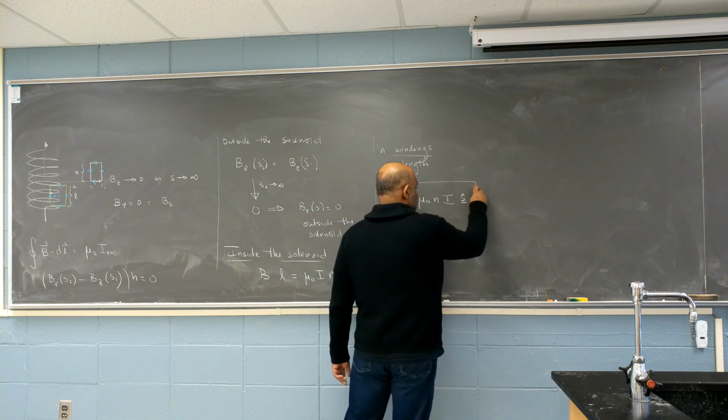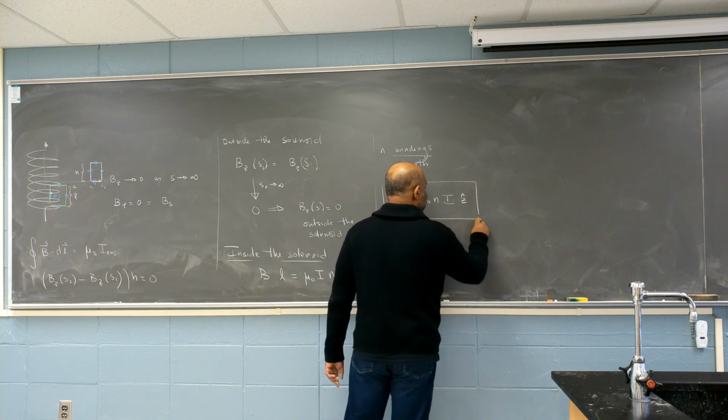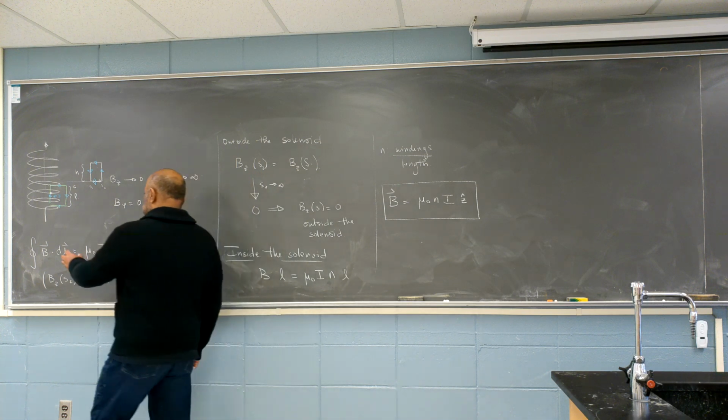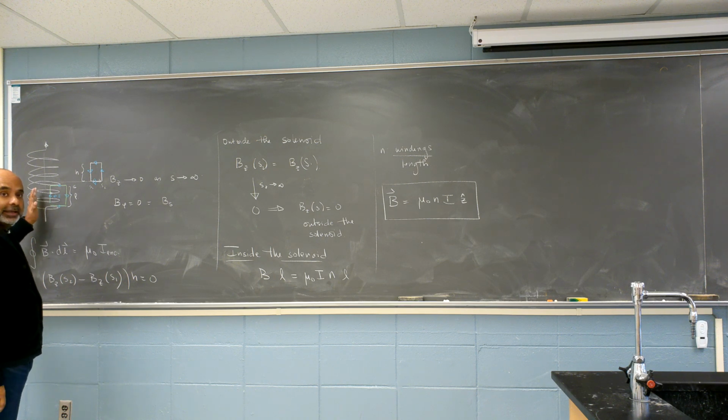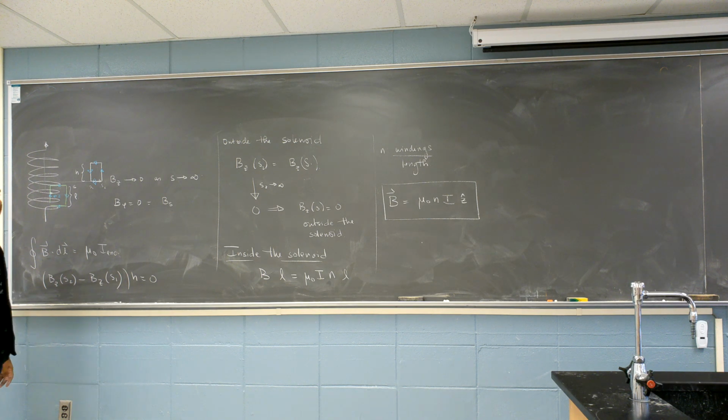This is the perfect solenoid. The current simply goes straight through. The magnetic field simply points uniformly inside. It doesn't depend on how far away from the center it is. There's no S dependence, nothing.